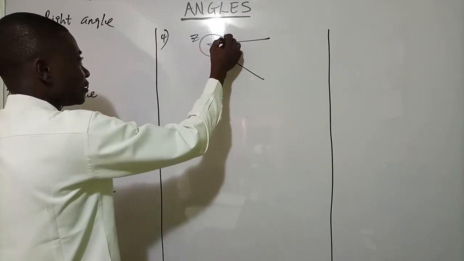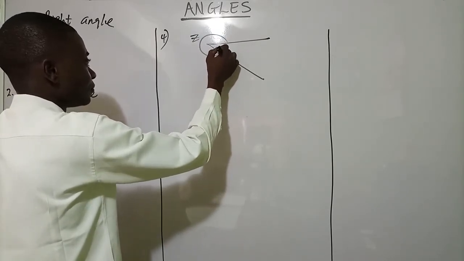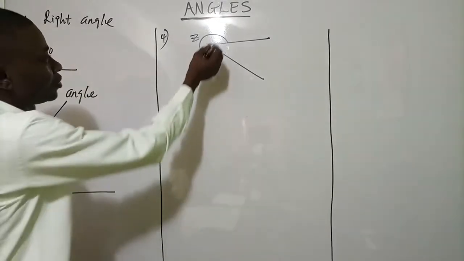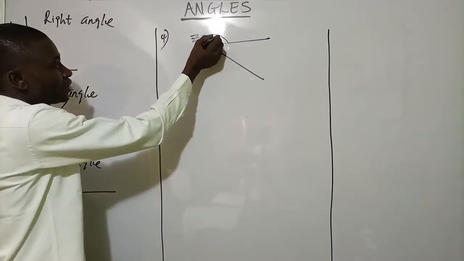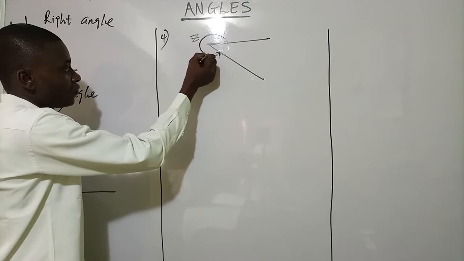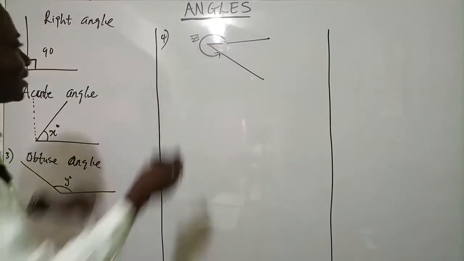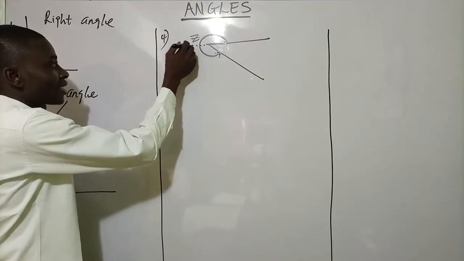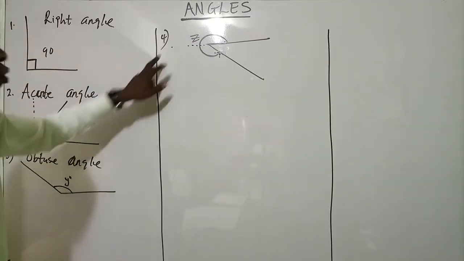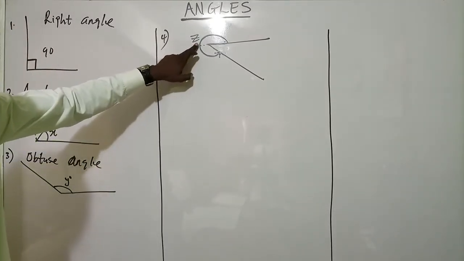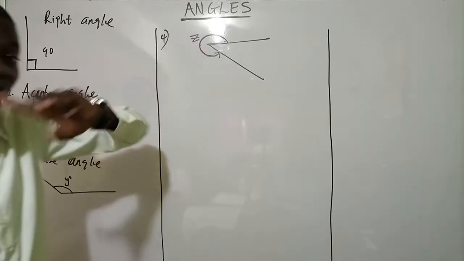What do we call this angle? What is the name given to this angle? If you look at this angle, it is greater than 180 degrees, because 180 degrees is around this line. That is the sum of angles on a straight line. We talked about that in our previous video.